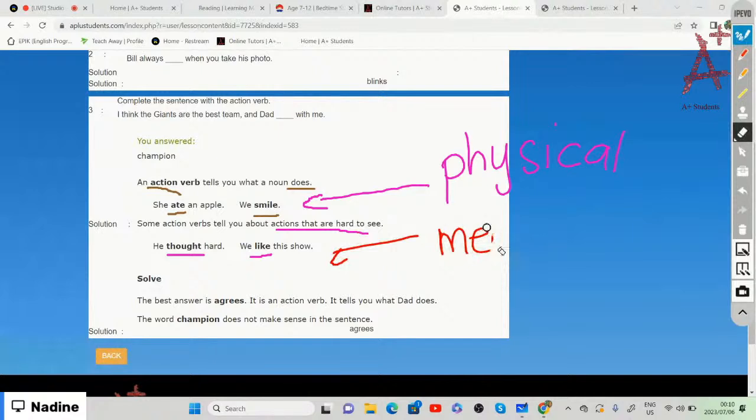So things like like, as well as thought or think, those are all mental, right? For example, how do you physically like?